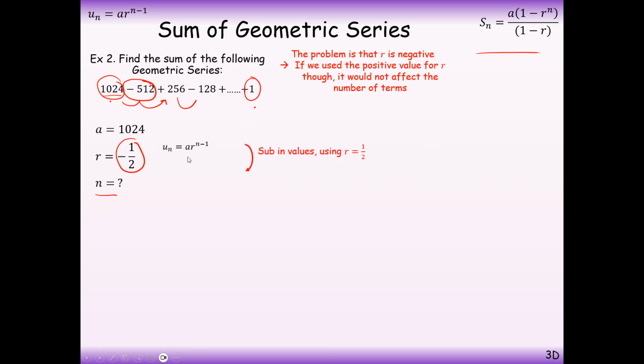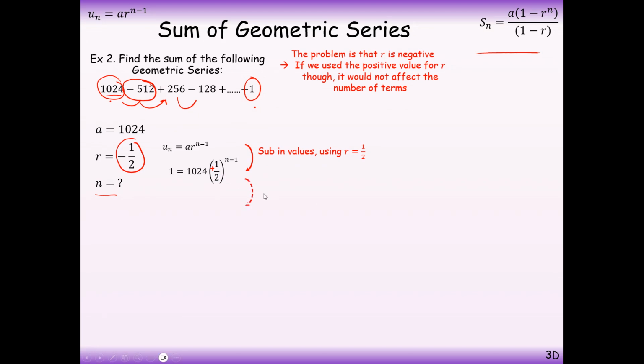Okay, so Un here equals a times r to the power of n minus 1. We're going to substitute a and r into this formula and put 1 where Un is. Alright, so notice that the r value was negative half. I'm using a positive half here because I know ahead of time I'm going to take logarithm of this expression here, and I cannot take logarithm of a negative number.